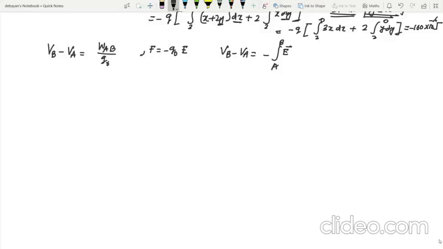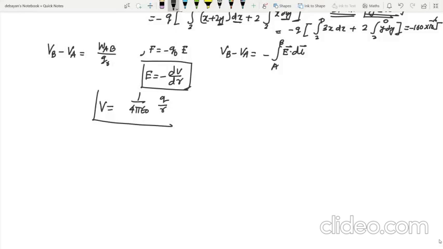If you differentiate it, then E is nothing but minus dV with respect to the position vector. And the potential for a point charge can be written as q by 4 pi epsilon naught r. That was already covered in the previous class.